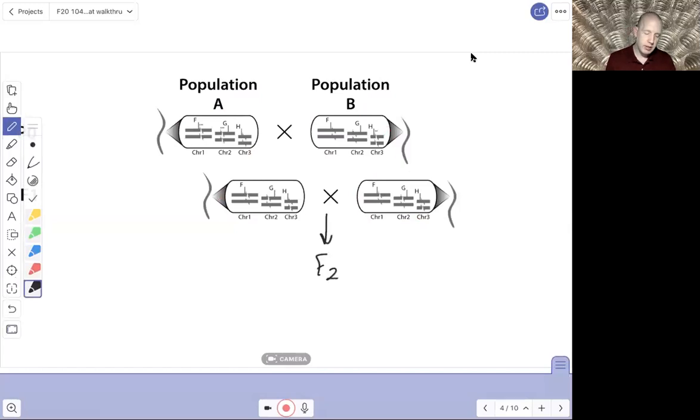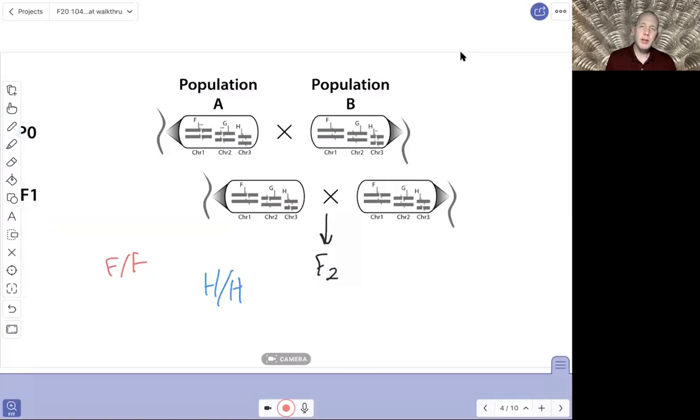And that's because in the F2 generation is the first time you could get that genotype that I was just mentioning, where you'd have, for example, 2 blue H's and 2 red F's. So it's the F2 generation, the first time that you could get that potentially deleterious interaction between alleles.